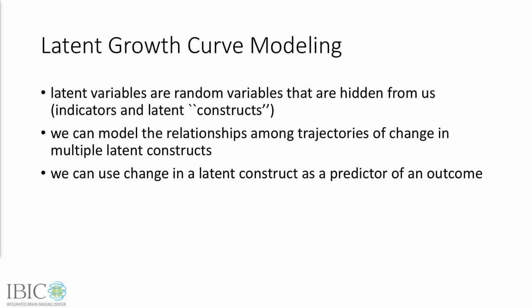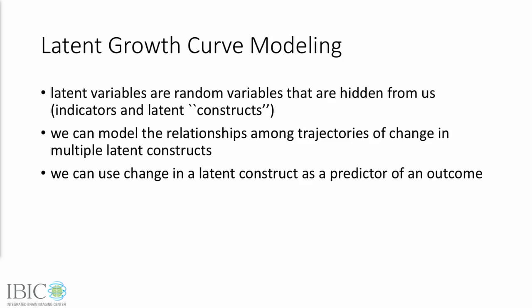You measure some other thing across time, but then you have to fit a slope. Those measurements are indicators, and the latent slope and maybe intercept are latent constructs. Once you have these, you can model the relationship among these latent variables, and look at them as predictors of things you care about.